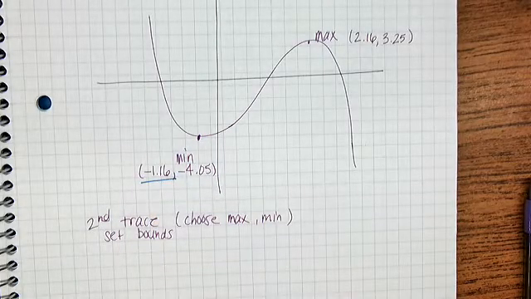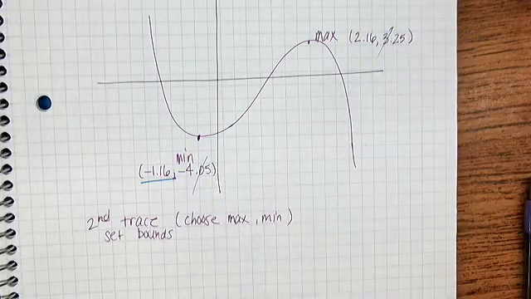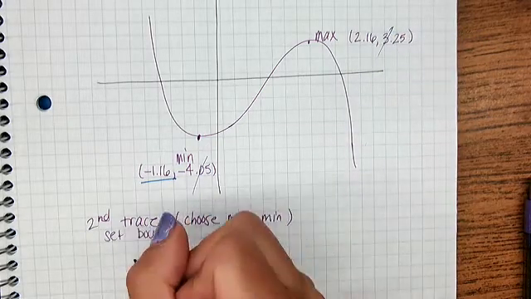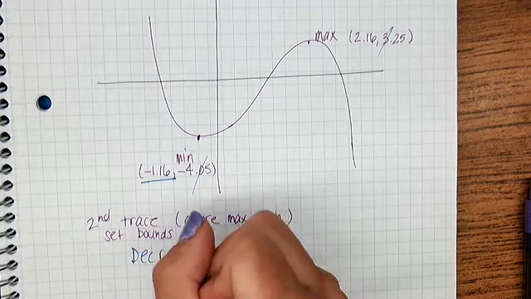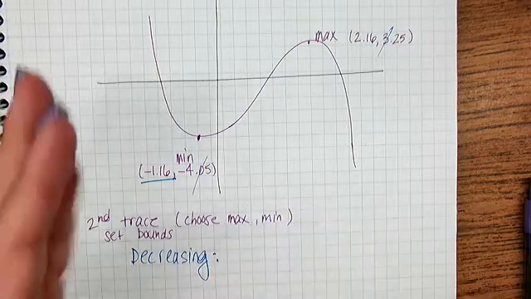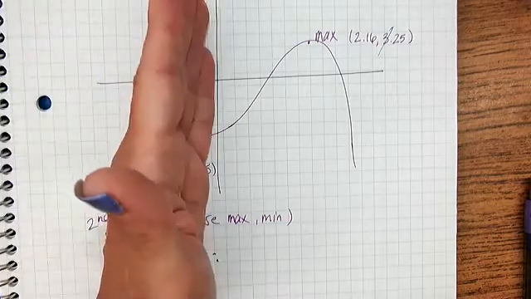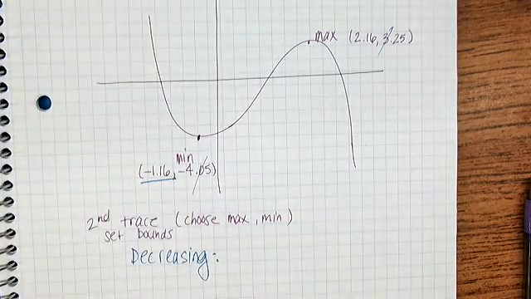When I'm talking about increasing and decreasing, the y values are not going to be part of my answer. So this is going to be decreasing from somewhere over here to the left to negative 1.16.